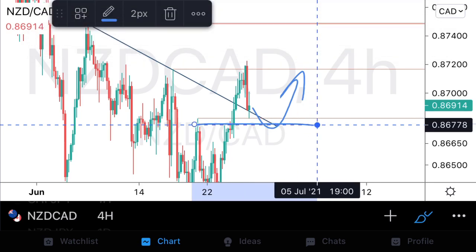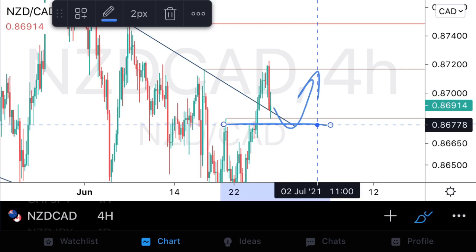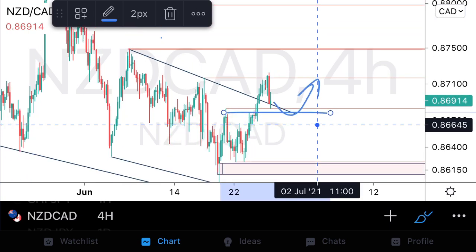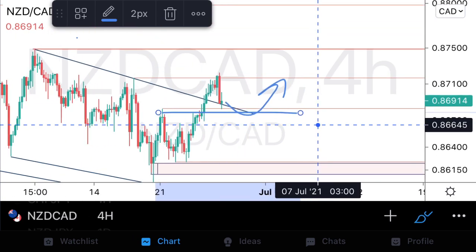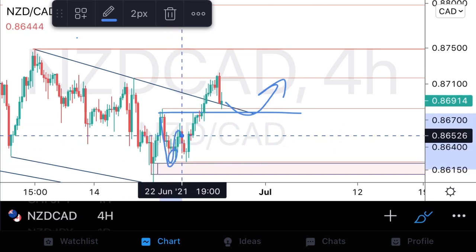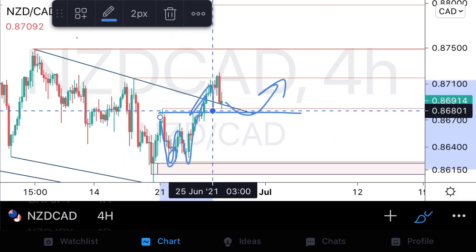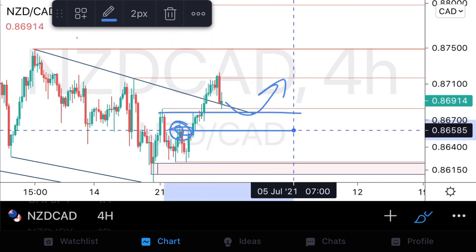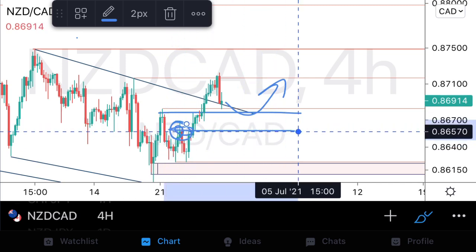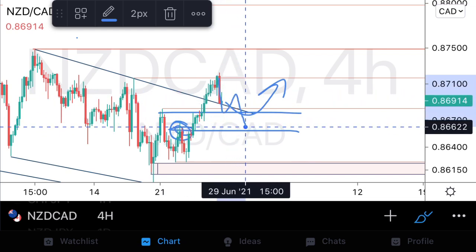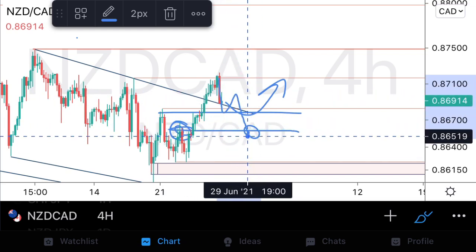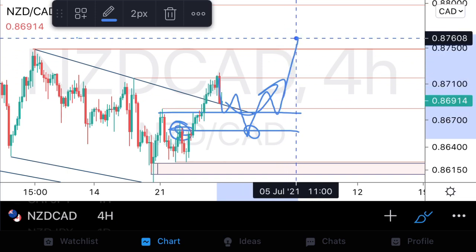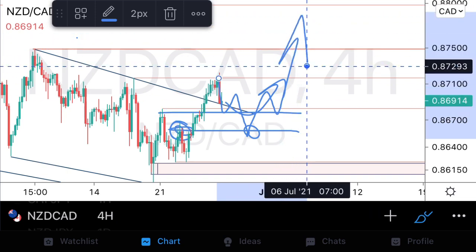Reason why I said we are going to exercise patience is because with regards to our smaller time frame structure, what we do have is a nice, beautiful double bottom structure that has sent prices to the upside. So this is the neckline of our double bottom structure, and we could see prices basically coming into this area, testing the neckline, and then making a move to the upside.